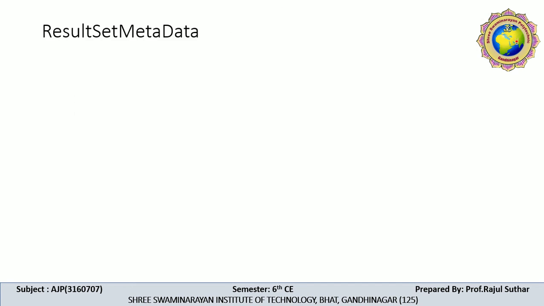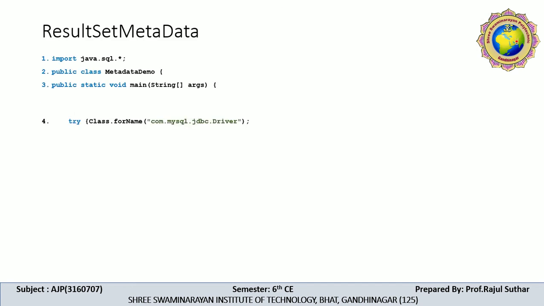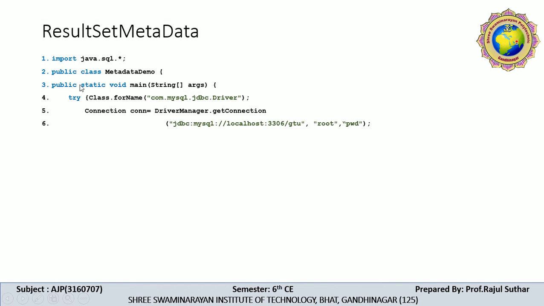ResultSetMetaData, one example: first import java.sql.*; public class MetaDataDemo, the name of the class is MetaDataDemo. Public static void main(String args[]) try: Class.forName, we need to load the driver. Connection con = DriverManager.getConnection, with the connection string for MySQL.